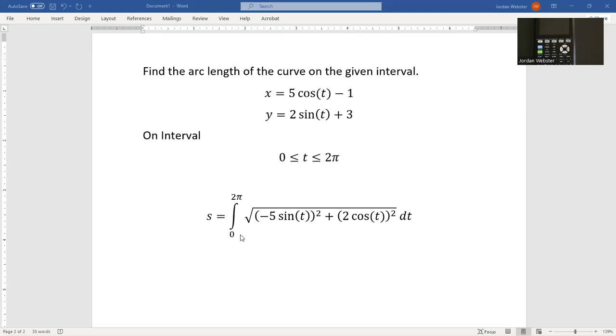We set this up, it was an integration from 0 to 2 pi square root of -5 times sine of t quantity squared plus 2 cosine t quantity squared. Make sure the -5 and the 2 are inside the parentheses when we do that. And when we type that into the calculator, we have to be careful of that as well.